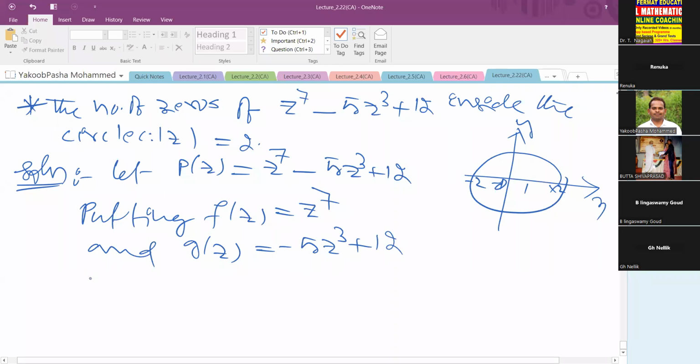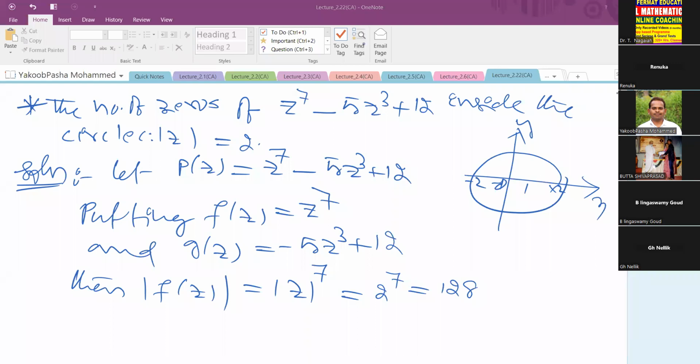Then modulus of f of z is modulus of z to the power 7, that is 2 power 7, which is 64 into 2, that is 128.